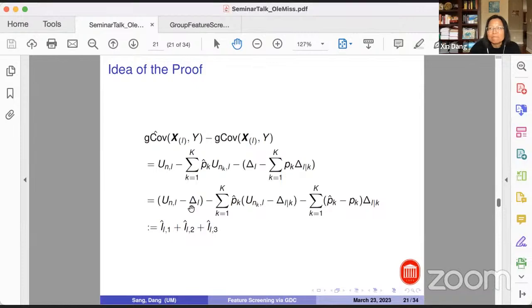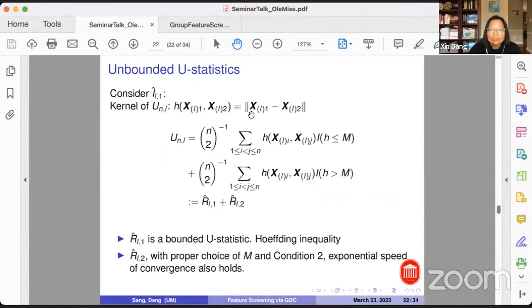If your distribution is finite, that is, the support of x is bounded, this is easy. You can use the Hoeffding decomposition and Hoeffding inequality to establish that it converges. But if the xi is not bounded, then to deal with these unbounded U statistics, we split into 2 parts.